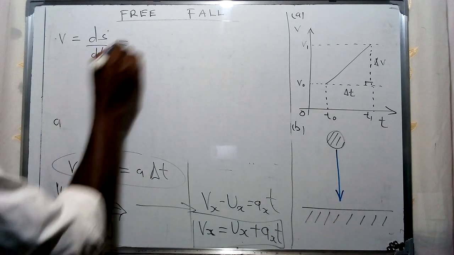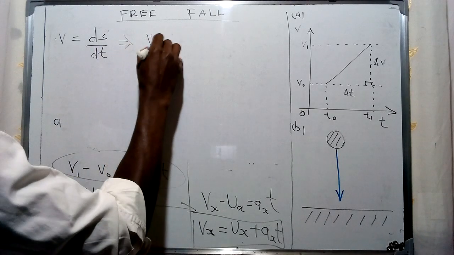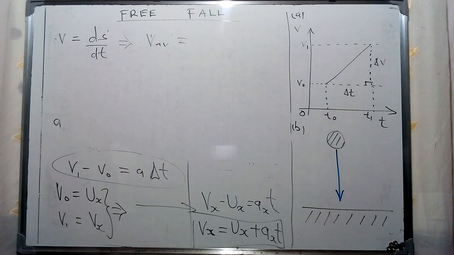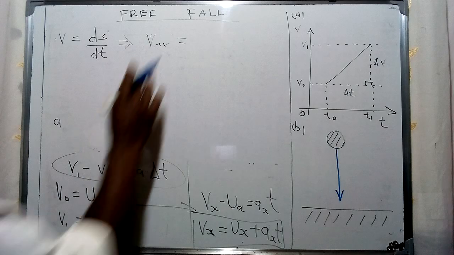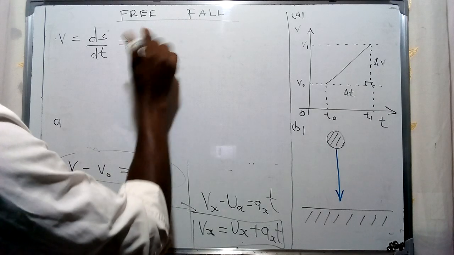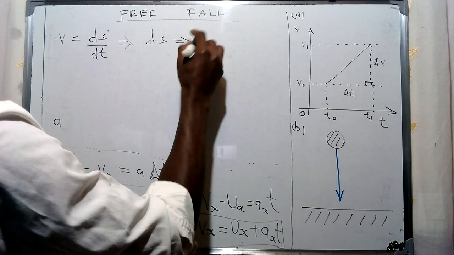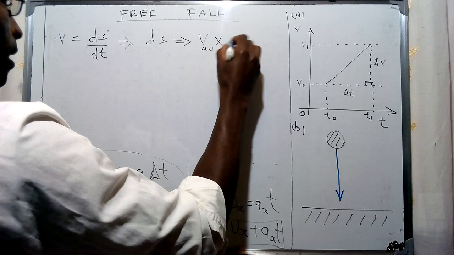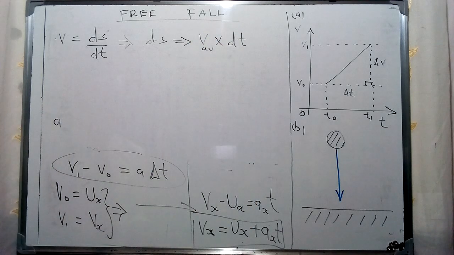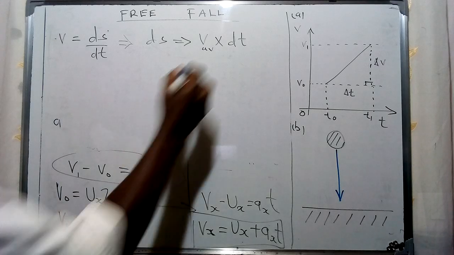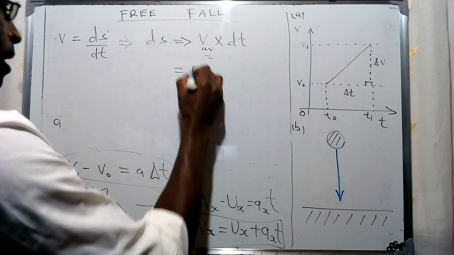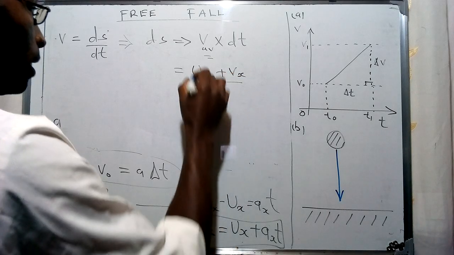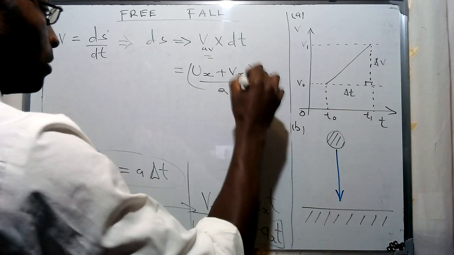So therefore, we can evaluate average velocity in this specific case using the total distance traveled over time. Which means the total distance traveled is given by average velocity times change in time. So this implies we find average velocity as the initial velocity plus the final velocity divided by 2, and then we multiply this by the time taken.